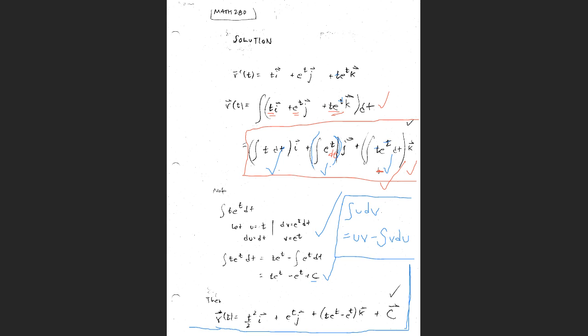Okay. So you notice when I do the integration, the antiderivative here is, we know, t squared over 2 plus c1, right?